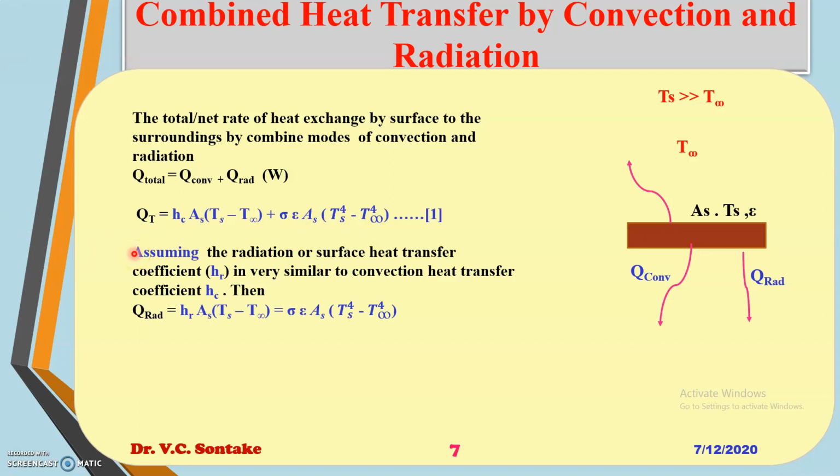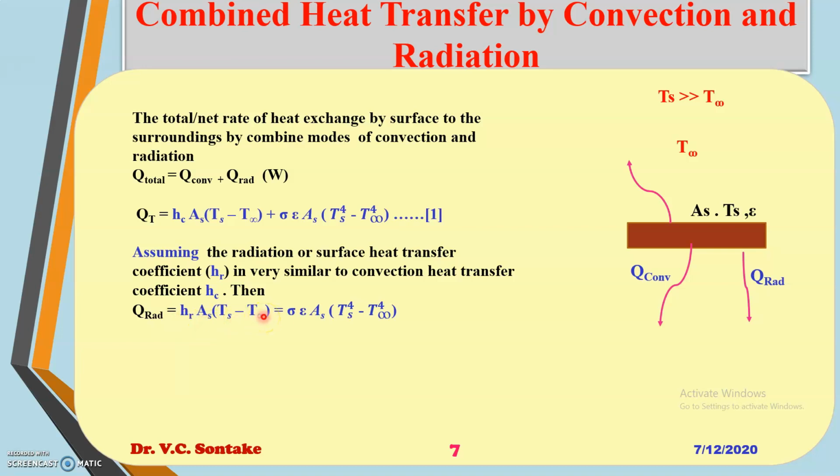Further, let us assume the radiation or surface heat transfer coefficient Hr is very similar to the convective heat transfer coefficient Hc. So I can have an analogy between convection and radiation mode. So Q radiation can be expressed in terms of Newton's law of cooling as Hr As into Ts minus T infinity.